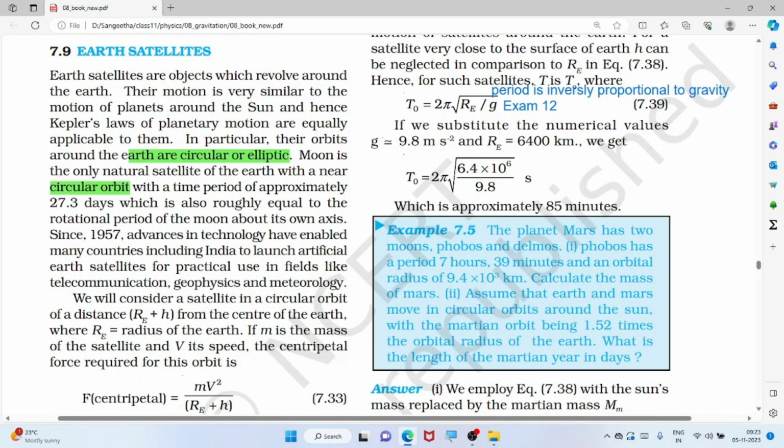More gravity means less time to complete one orbit. Less gravity will take more time.